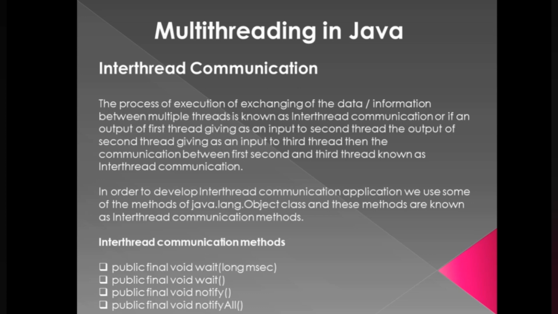In order to develop an inter-thread communication application, we use some methods of the java.lang.Object class, and these are known as inter-thread communication methods. These methods are public final void wait(long milliseconds), public final void wait(), public final void notify(), and last we have public final void notifyAll().